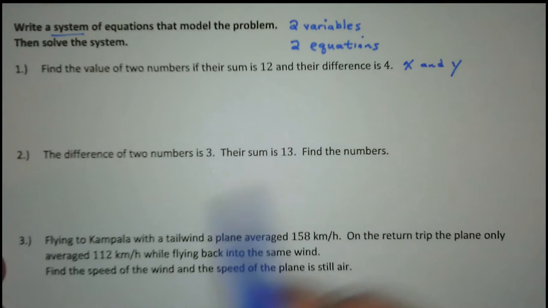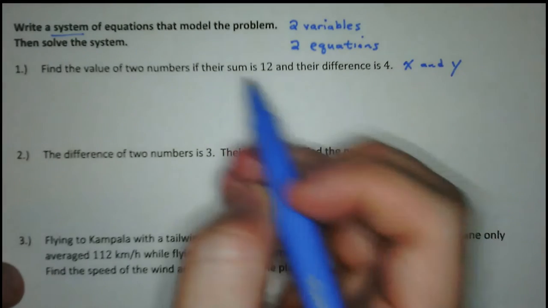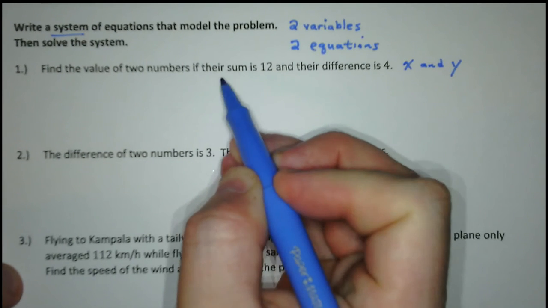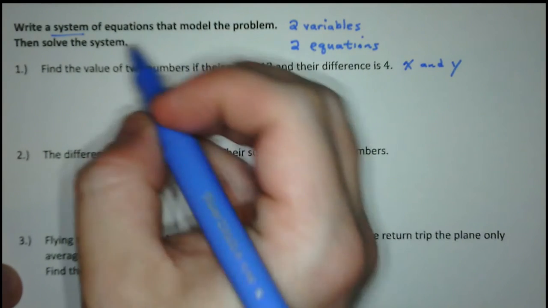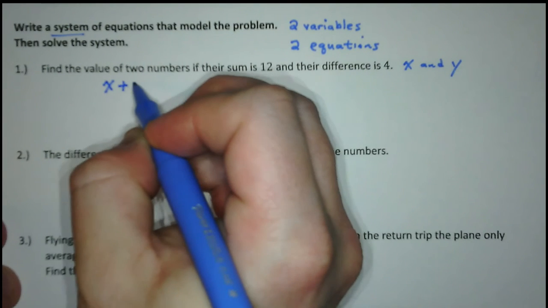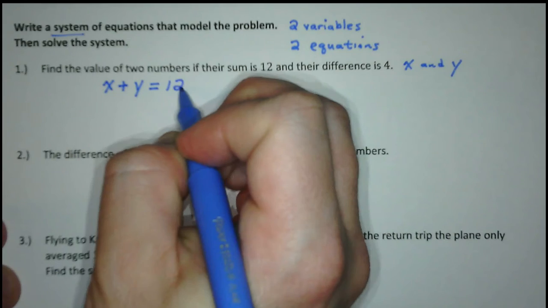You have to milk all of these word problems for two equations. Now, number 1 goes like this. The sum of these two mystery numbers is 12. Well, there we go. x plus y apparently equals 12.